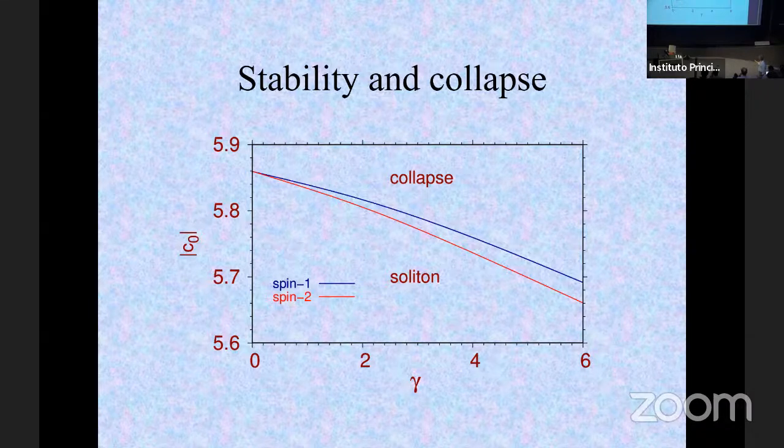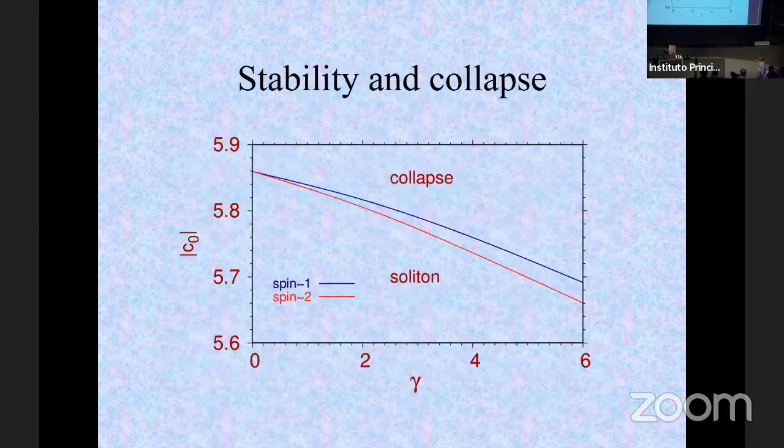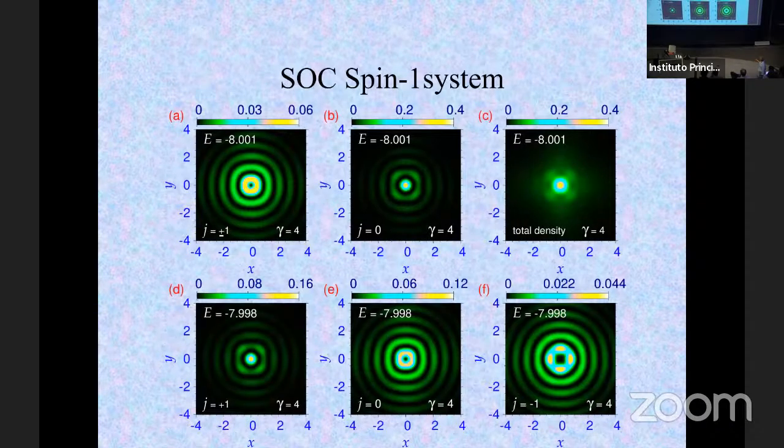This gamma is the strength of the spin-orbit coupling interaction. There are some results for different strengths, and C0 was fixed. It's not changed from figure to figure. C0 is fixed to something like minus 0.5.